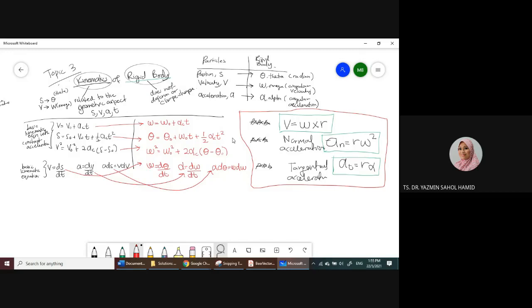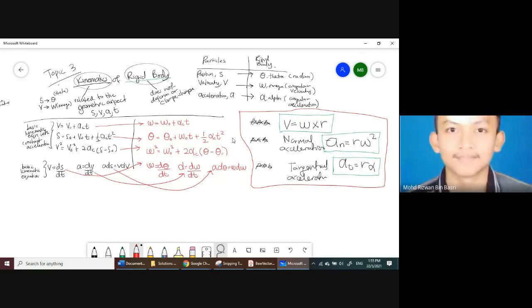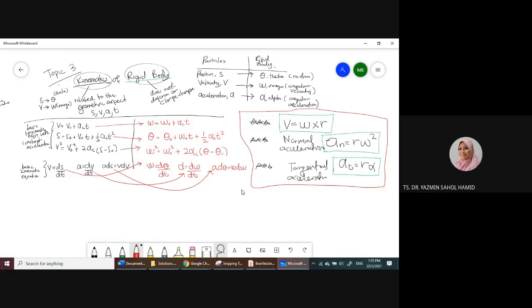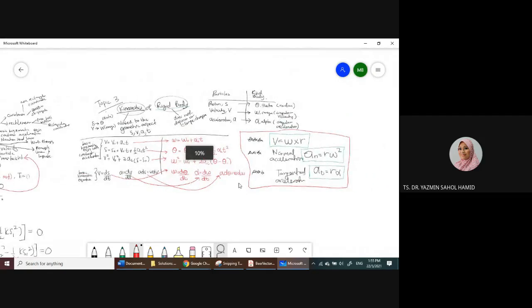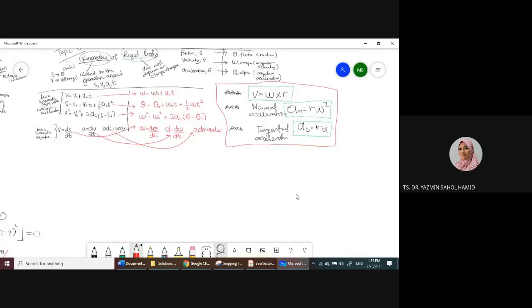Madam, sorry, the formula above, the V equals omega times radian, or what? Radius r. Oh, r, radius. Oh, okay. Okay. Oops, let me just go up here.